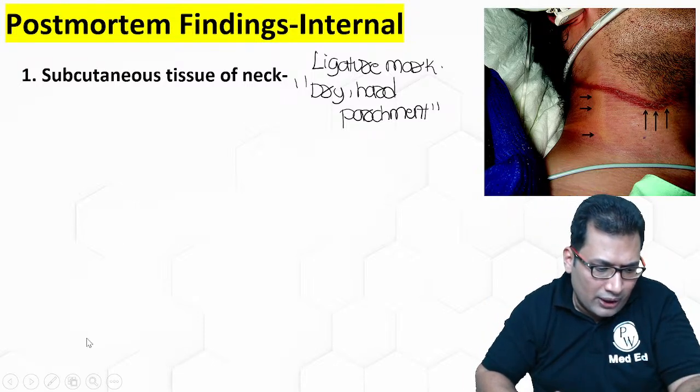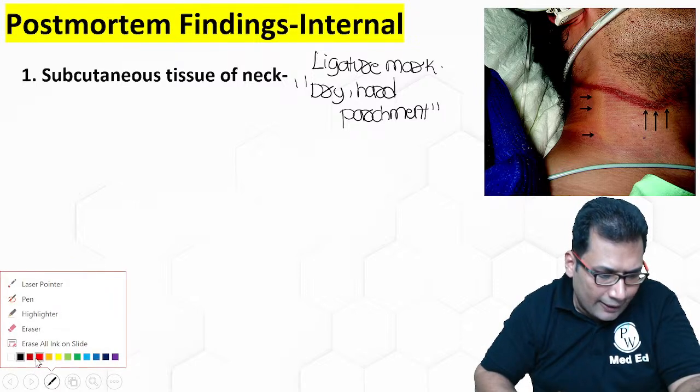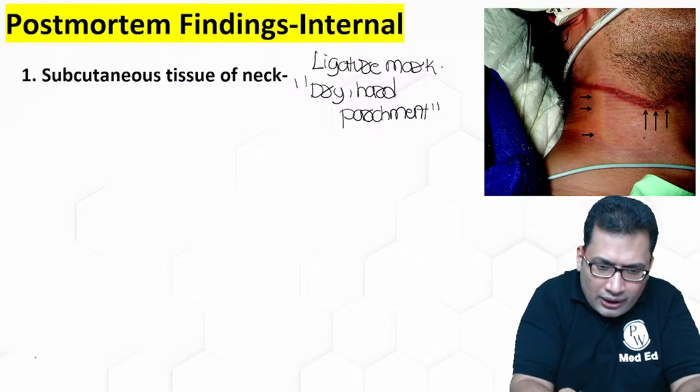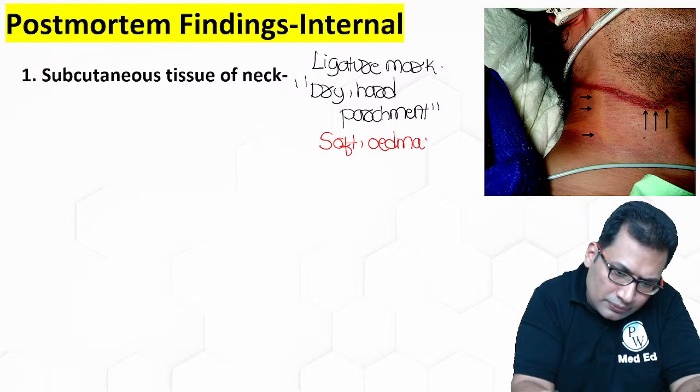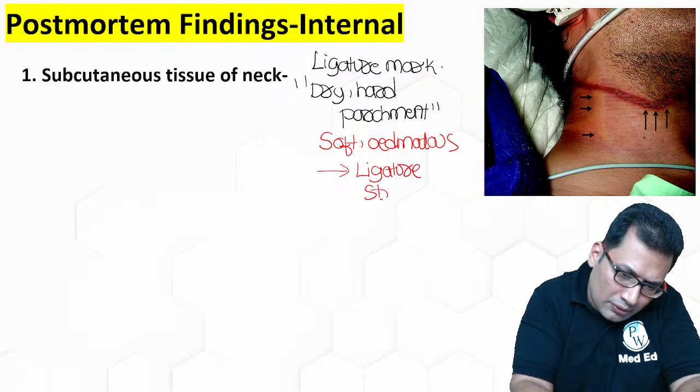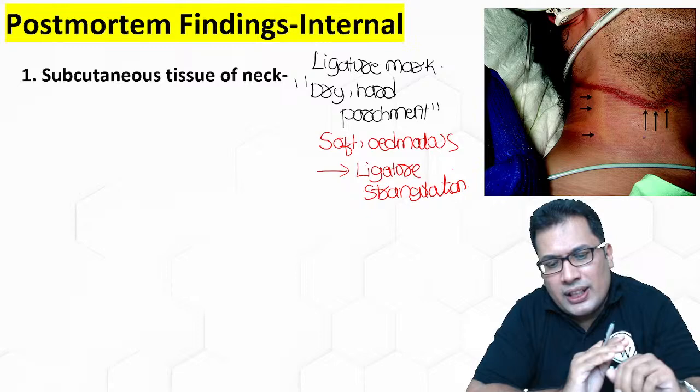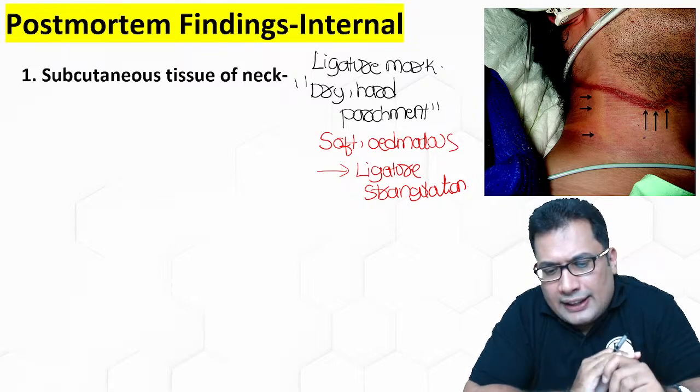So the point you need to mention here in the exam: the ligature mark is soft and edematous in case of ligature strangulation. This is the point you need to write in the exam.